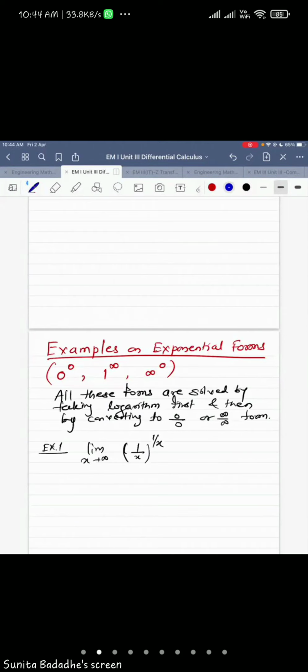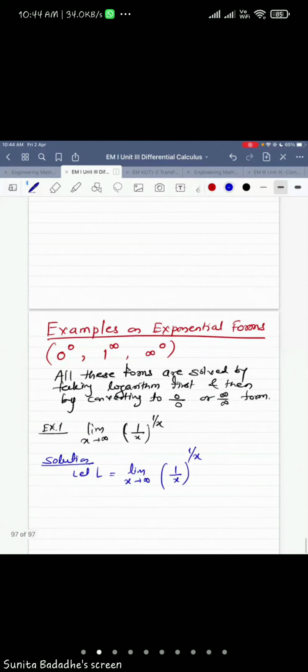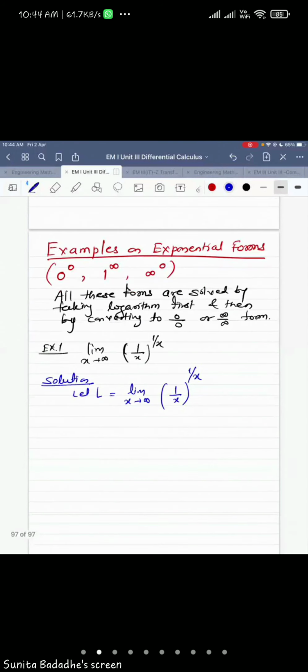Okay. So solution: let L equal limit x tending to infinity of (1 by x) raised to 1 by x. So as I told you, first you need to check the form. Now 1 by x is 0 as x tends to infinity, and it is raised to 0. So this form is the 0 raised to 0 form.